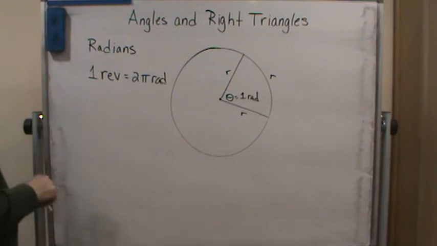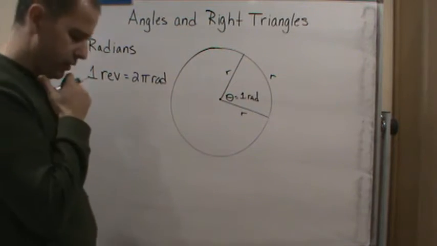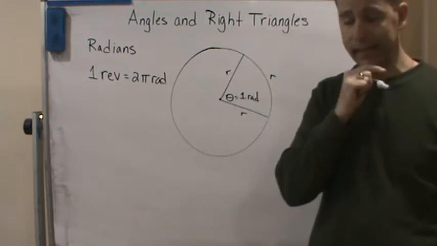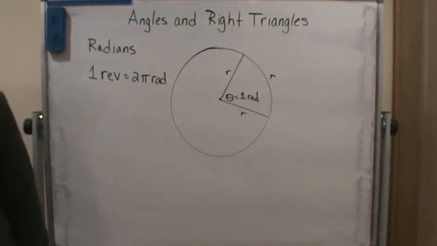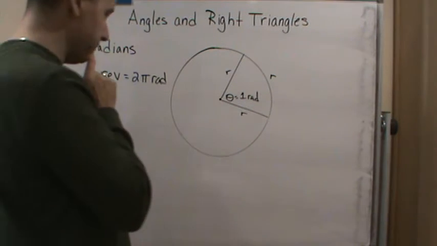So now, how do I develop the conversion factor? What if I want to convert between degrees and radians? That's an interesting question, right? What if I want to convert from radians to degrees or vice versa?